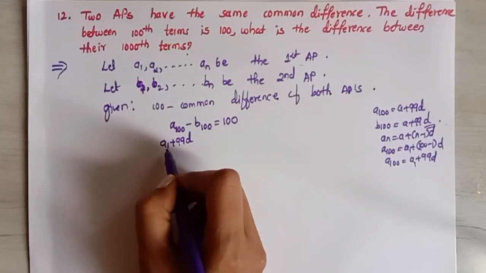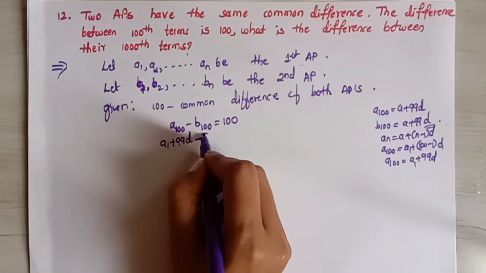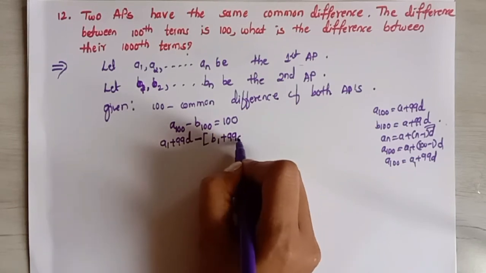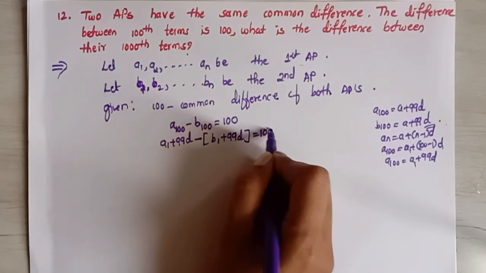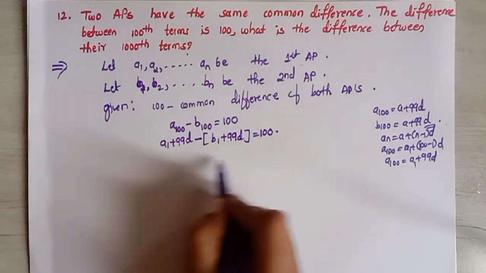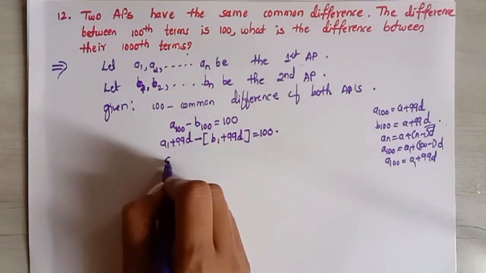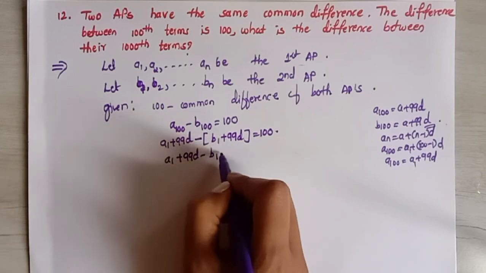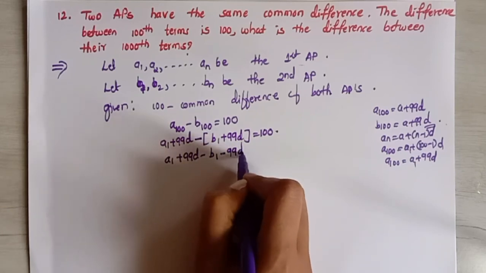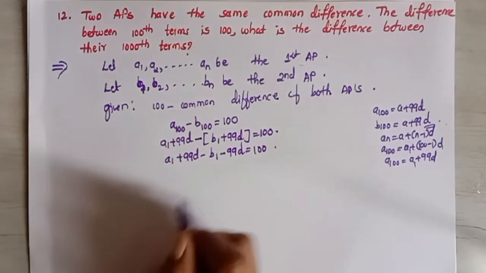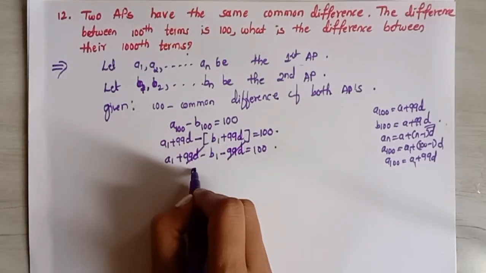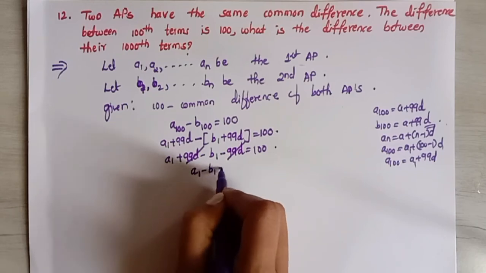Therefore, it is A1 plus 99d minus B1 plus 99d, which is equal to 100. Okay. So let us simplify this first. This will be A1 plus 99d minus B1, plus into minus is minus 99d, which is equal to 100. Therefore here plus 99d and minus 99d cancel. So we are left with A1 minus B1 equal to 100.